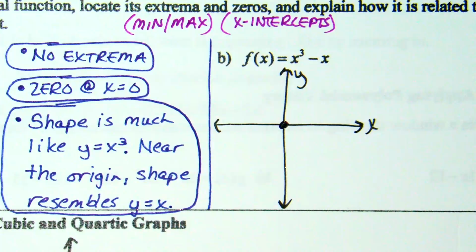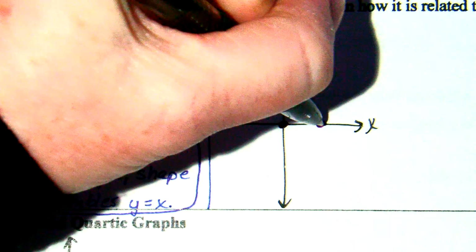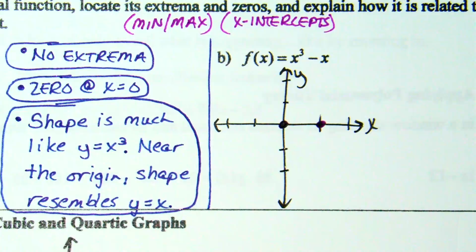What if we put in 1? 1 cubed, 1 minus 1, is 0, right? It's (1, 0). So we put in 1, we get 0. So the ordered pair (1, 0).